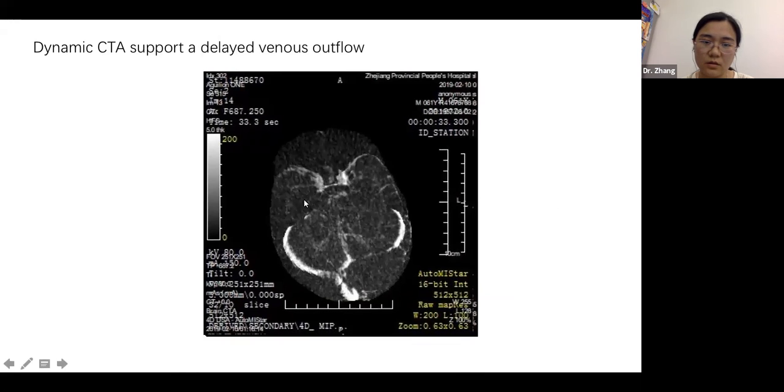And at the late venous phase, we can see that in the contralateral hemisphere the veins have disappeared, but in the ipsilateral hemisphere the veins are still there. So there's an obviously delayed venous outflow in this patient.